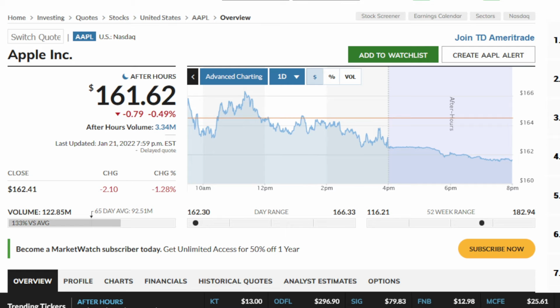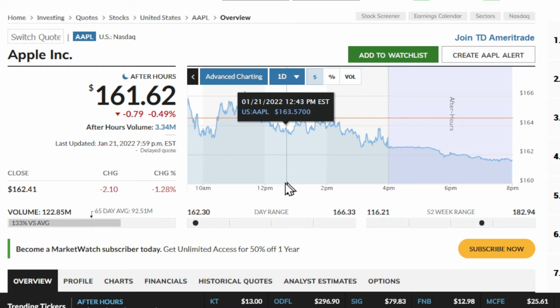What we're seeing here is the trading day from here to here, and then this part is called after hours. Let's not talk about that right now. So this is the price of a single share of stock at a given moment in the trading day.